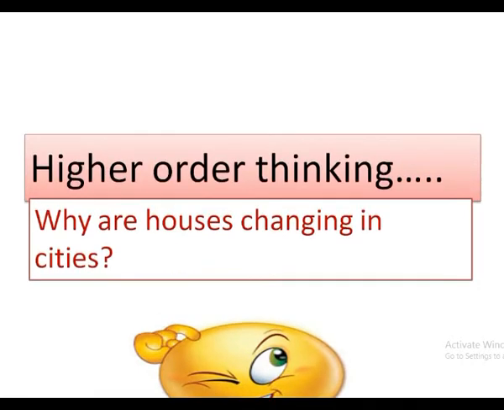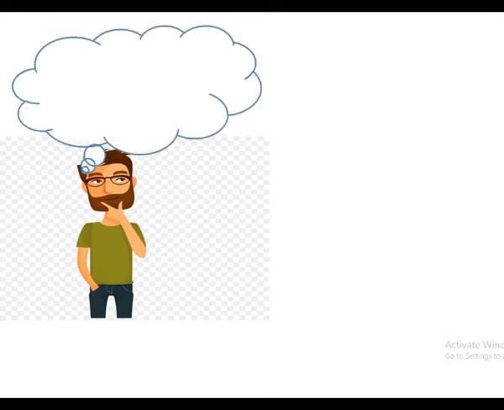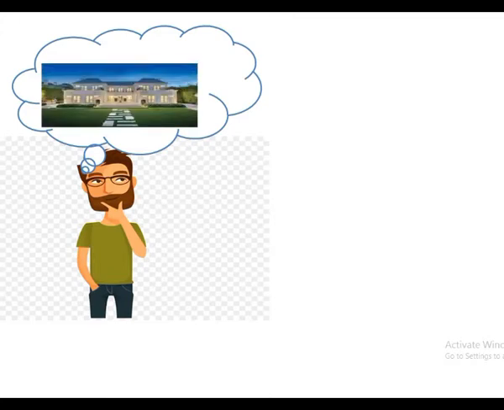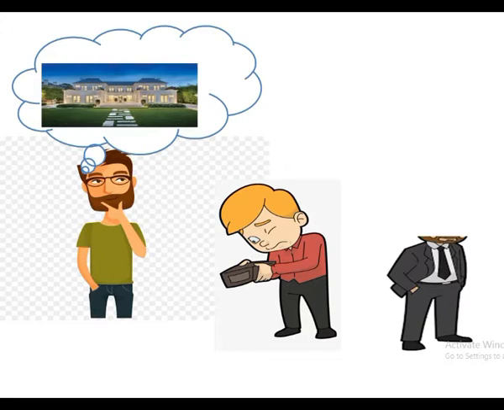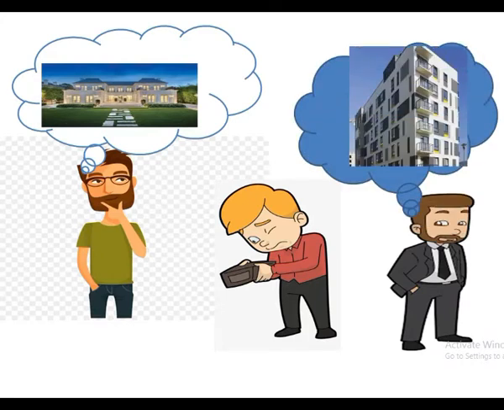See, cities now has become more crowded because many people come here to look for better jobs. Therefore, space is not enough here and the land has become more expensive, and that is why there are more multi-story buildings than single-story buildings. Okay, I hope it is clear to all.